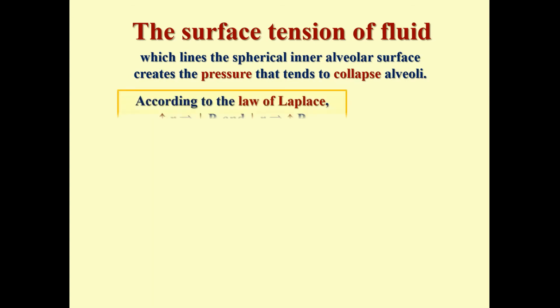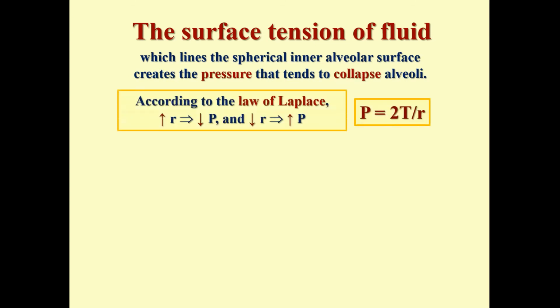And now we come to the consideration of the law of Laplace. The Laplace law says, you can see the equation to the right side. The T here stands for surface tension, P for pressure, little r for radius. According to this equation, the pressure is inversely proportional to radius. The pressure that tends to collapse, to close, to make minimal size of each alveolus is inversely proportional to radius.